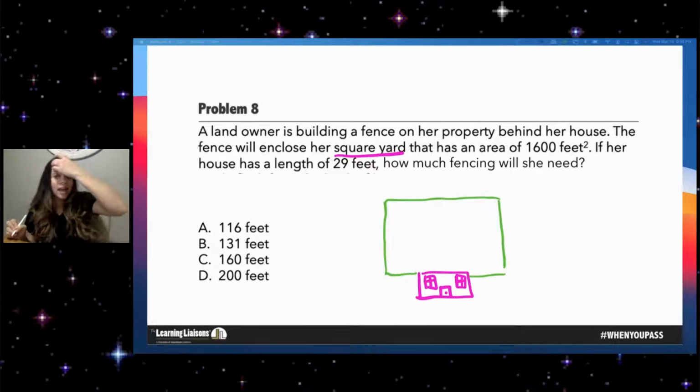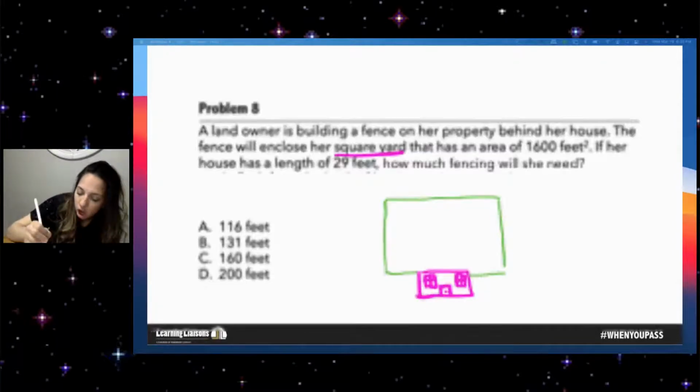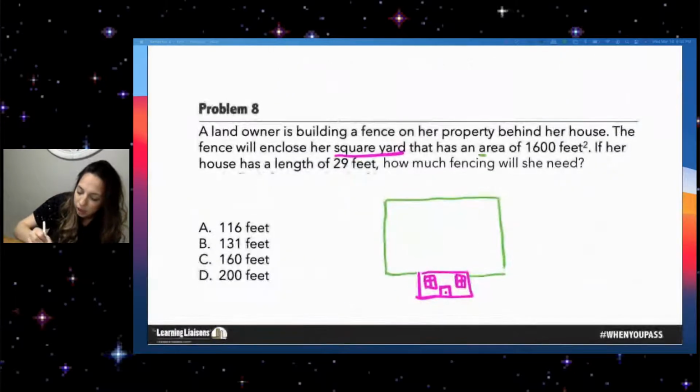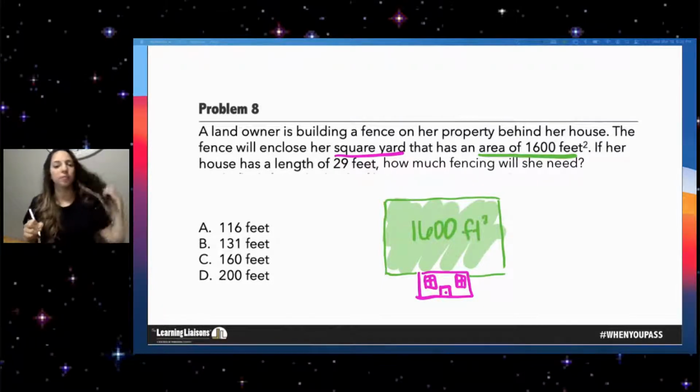We don't know that yet. But what we do know is that the yard has an area of 1,600 square feet. So we know that this grass is going to equal 1,600 feet squared. So what can I do with that information?